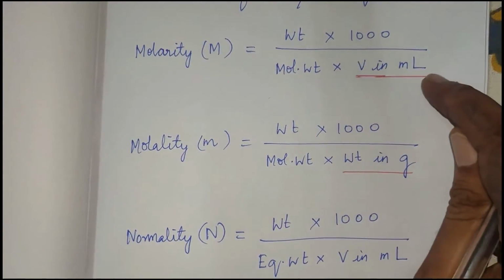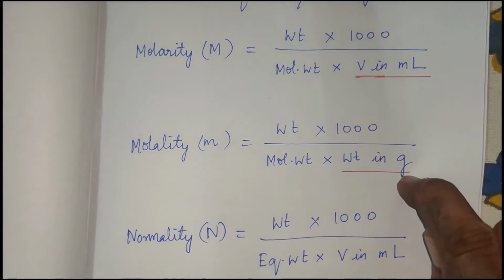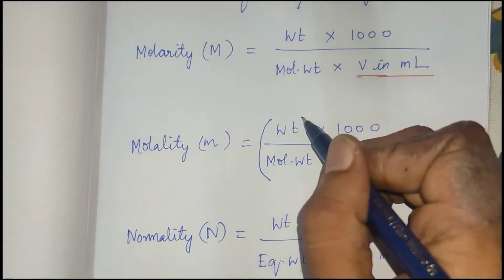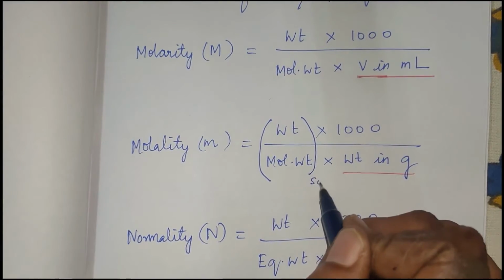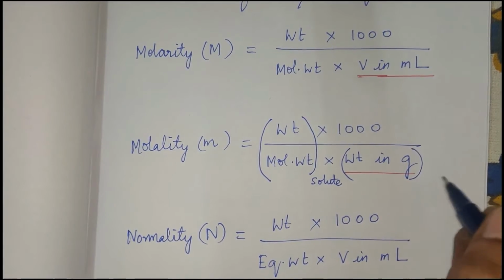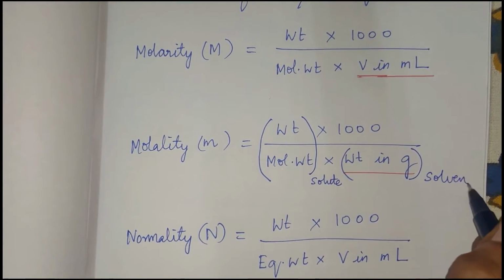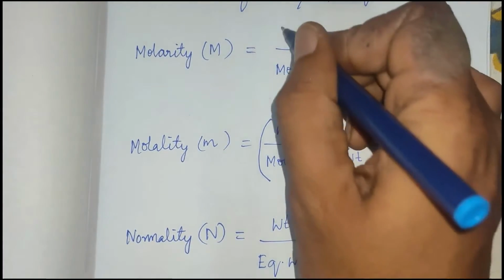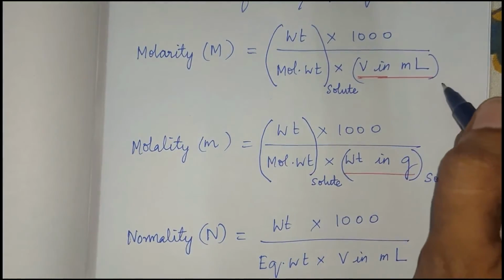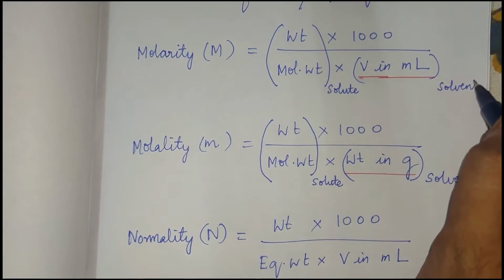The main difference is here it is going to be volume, here it is going to be weight. And this is going to be the weight of the solute and molecular weight of the solute. And this one is of the solvent. Here also this is for solute and this is for solvent.